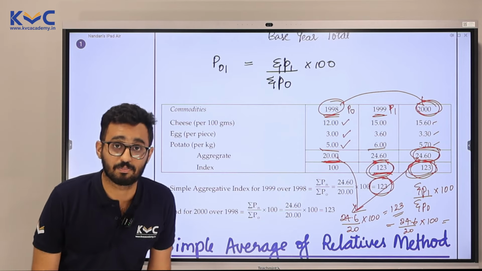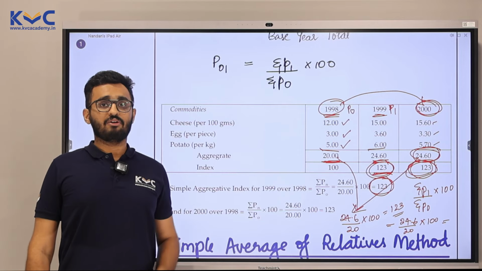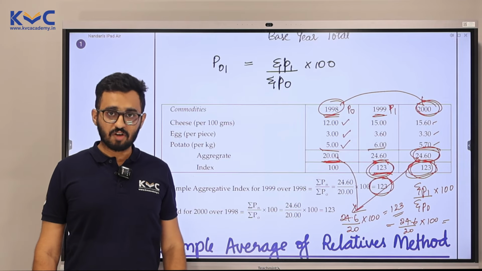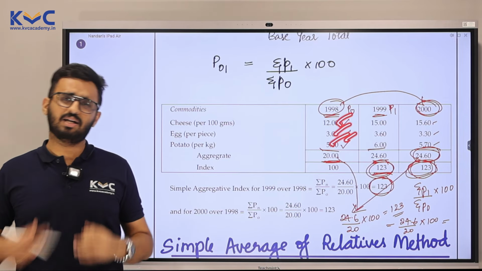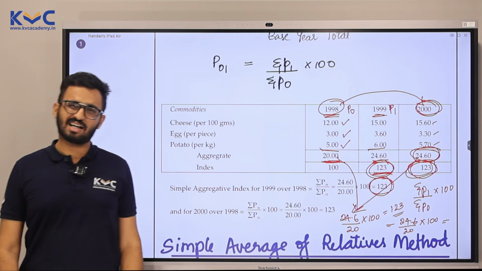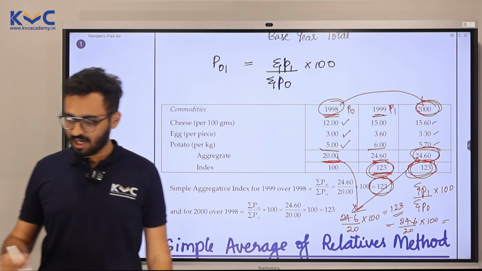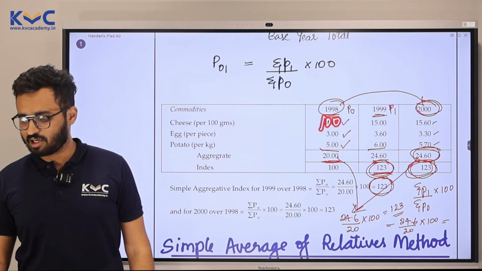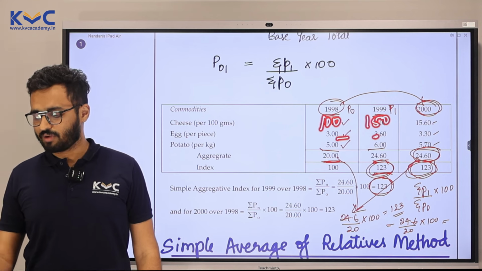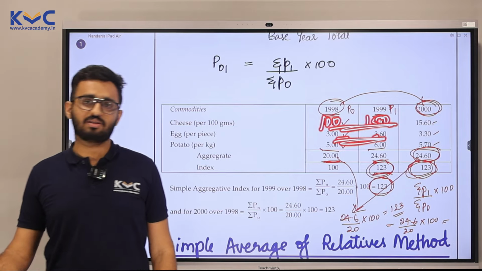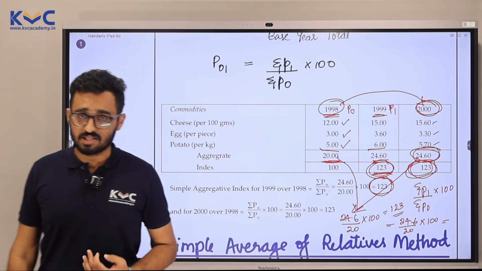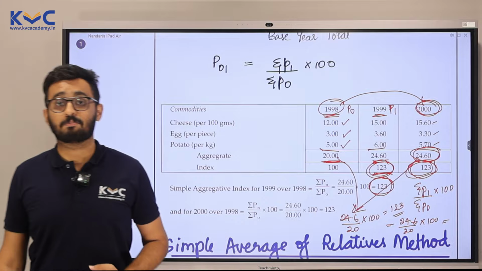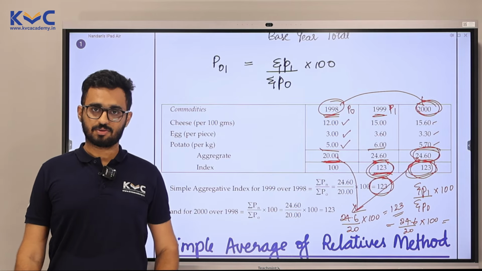That means what is happening in simple aggregative? We ignore the magnitude of the numbers. We simply take the totals. Isn't that a little unfair? Let's say here it was 100 and 150. Now can you compare 100, 150 with 3 and 3.6? It doesn't make much sense, right? That is where we have the concept of simple average of relatives.